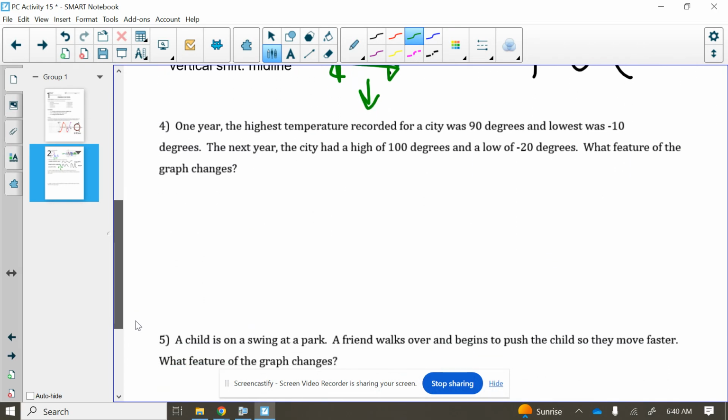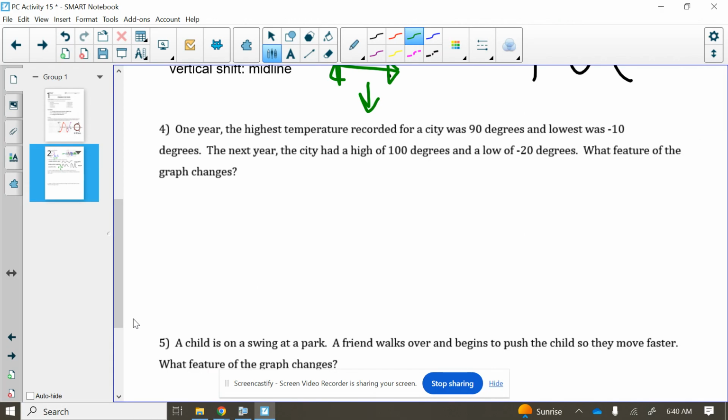All right, example 4, speaking of parameters, says that one year we have a temperature recorded in a city where 90 degrees is the high, and the lowest was -10. The next year, we recorded 100 as the high and -20. What features of our graph would this change? Well, in this case, if we have a high temperature of 90 and low temperature of -10, in between these two is a distance of 100 degrees.